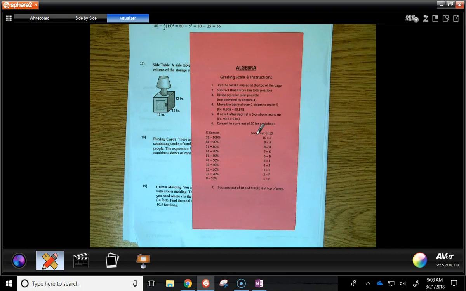Or since 20 is an easy number, each problem's worth 5%, I would have got an 80%. What you will do is you'll look here on the left and say 80%, 71 to 80, I get 8 points on my homework. So when you turn in your homework, you're going to say your score was an 8.